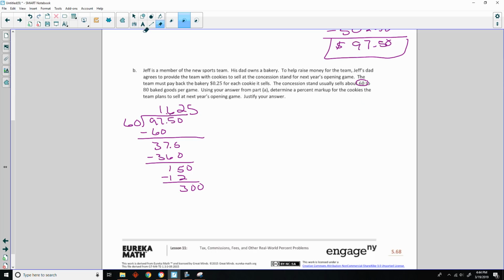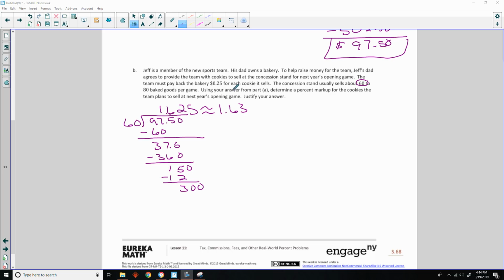Okay, just checking. So that's approximately $1.63 per cookie. After we pay back the bakery 25 cents per cookie, let's see. Okay, yeah, so $1.63 per cookie will give us $97.50.